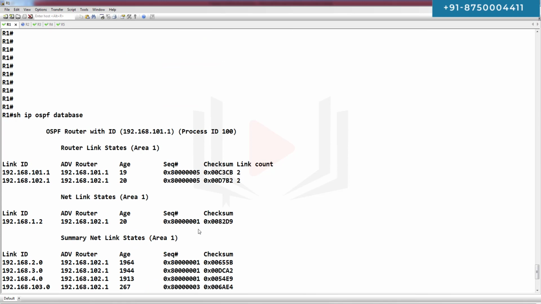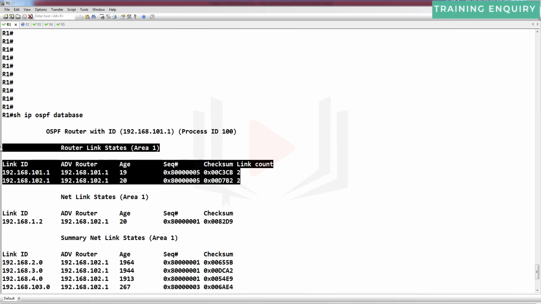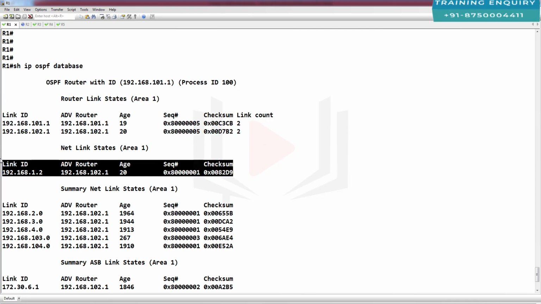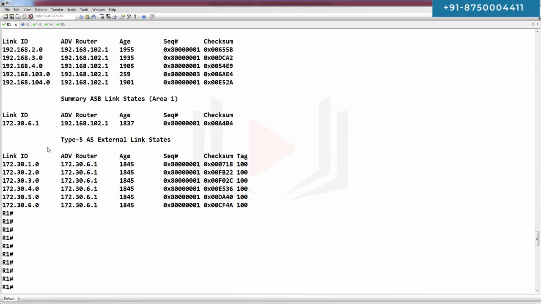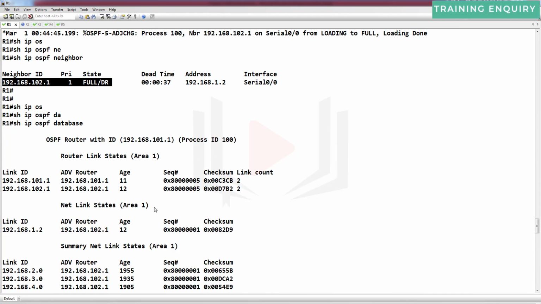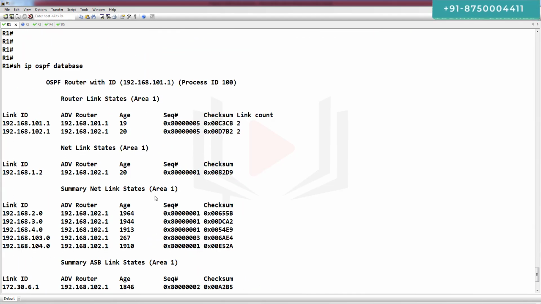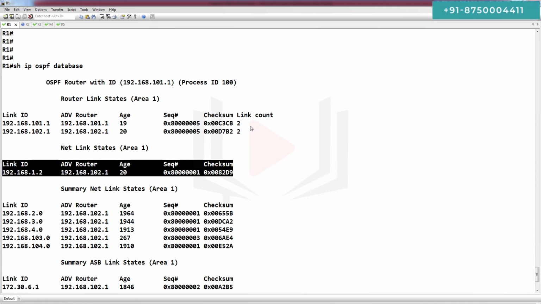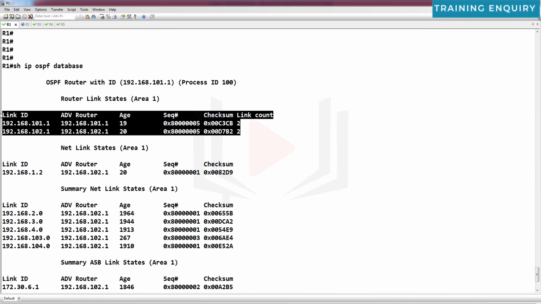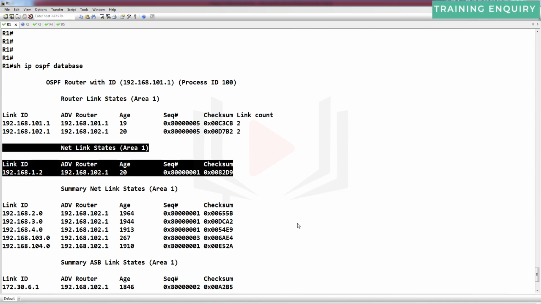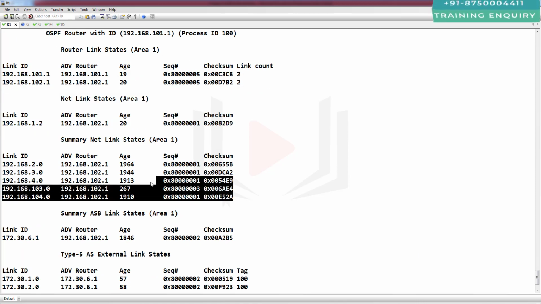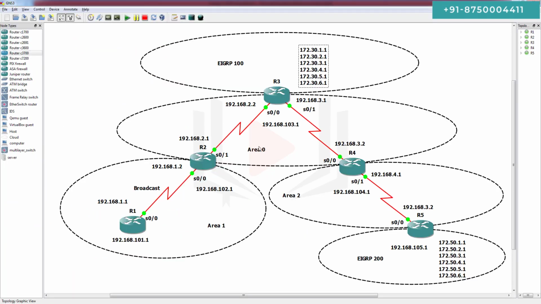Again I am repeating: router LSA contains the router ID of a router within the area. Network LSA contains the DR router ID. DR on this segment is 102, so you can see here 102. Summary LSA: when the routes of one area go to another area, they go as summary LSA.